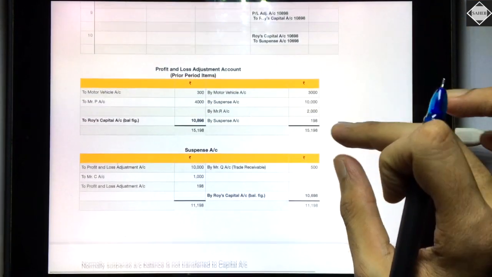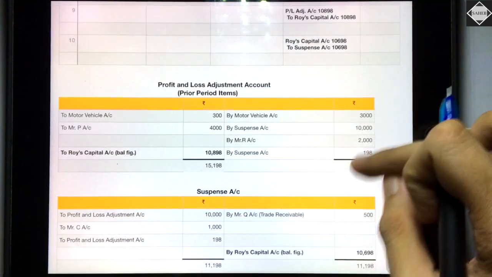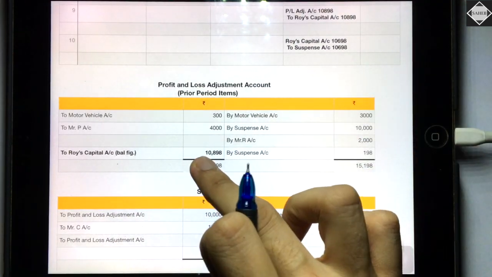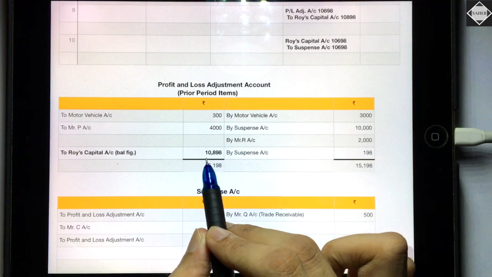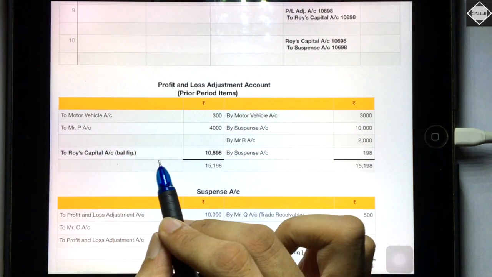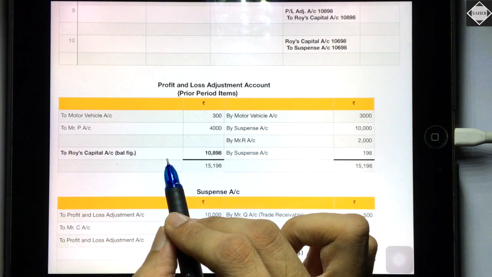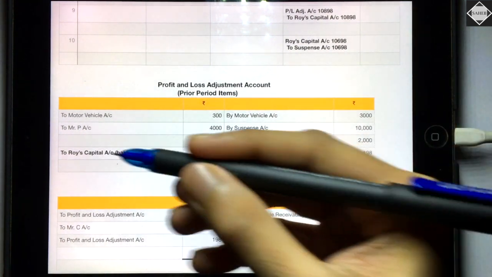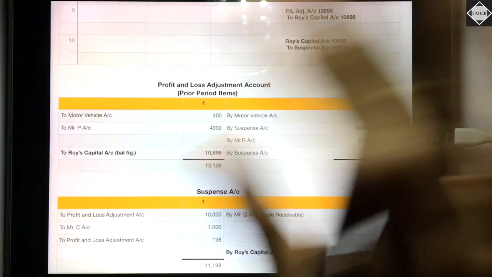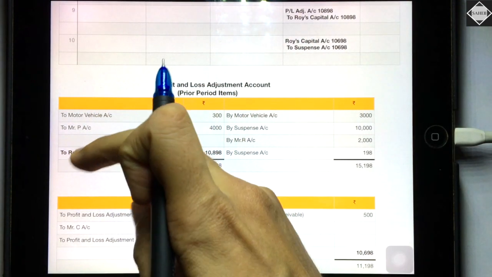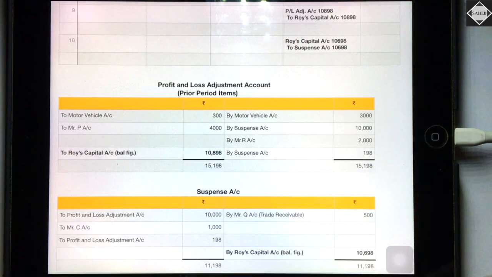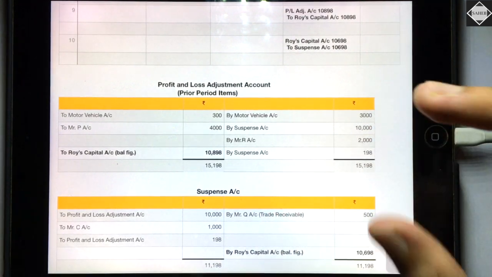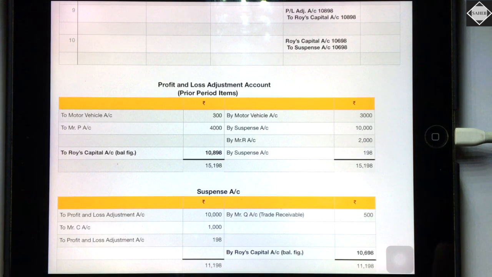See here, credits are more, so this is a credit balance. Don't think that because it is shown on the debit side, it means a debit balance. That's completely messed up. It's not like that, because in the next period it goes over here, by balance b/d. If credit is more, it's a credit balance. If debit is more, it's a debit balance. Okay, you got it?